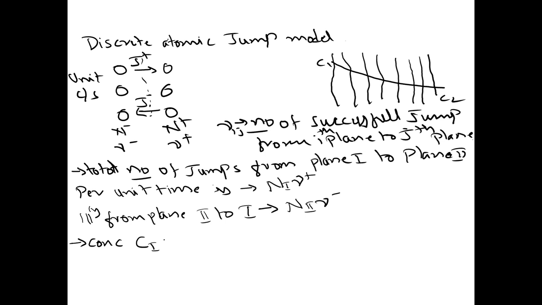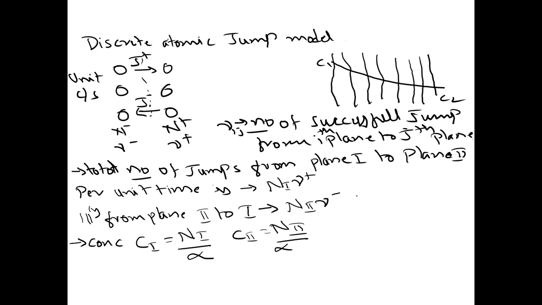C1 is n1 divided by alpha. Why is it alpha? Sorry, what is alpha? Similarly C2 is n2 divided by alpha. So alpha is, this is concentration.